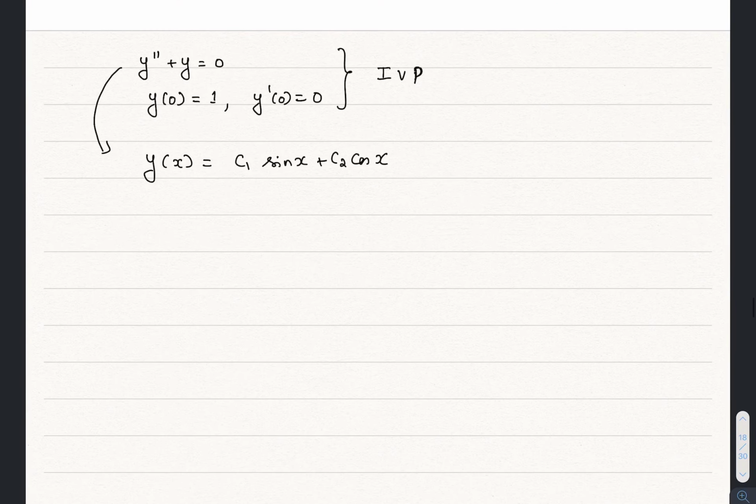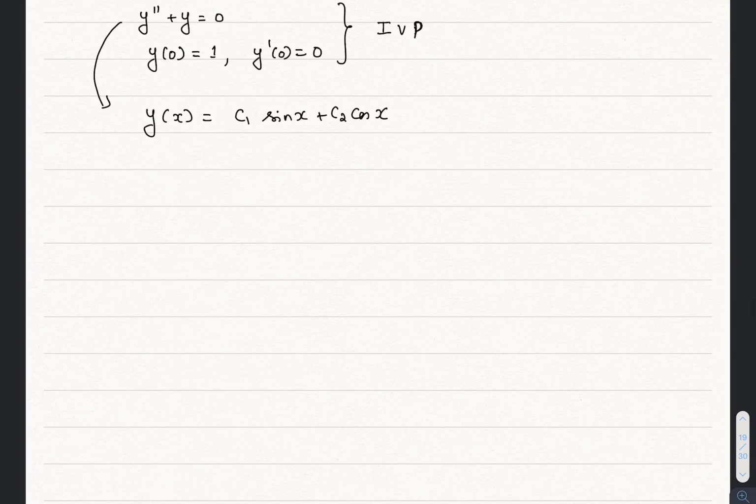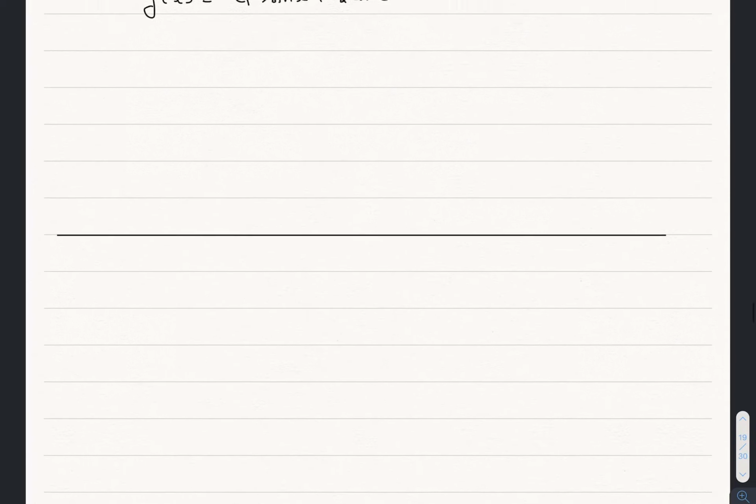Let me give you one other problem right here, which is this. Suppose you have a differential equation which is something like this: y prime plus 2xy squared equal to 0.